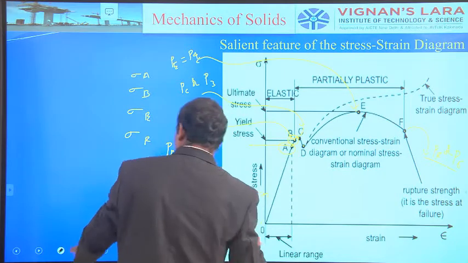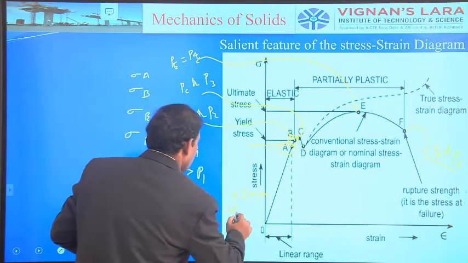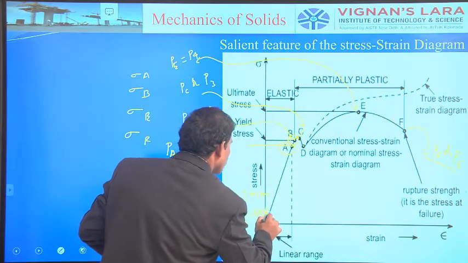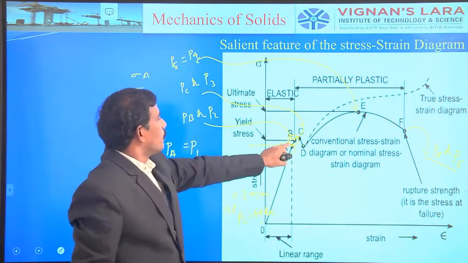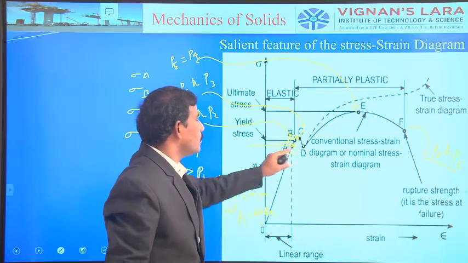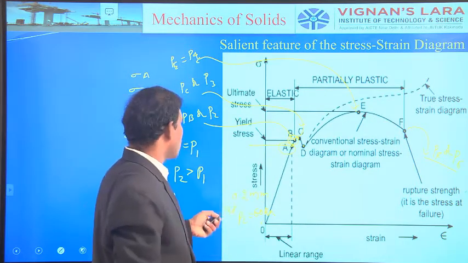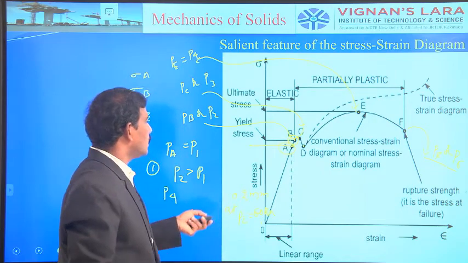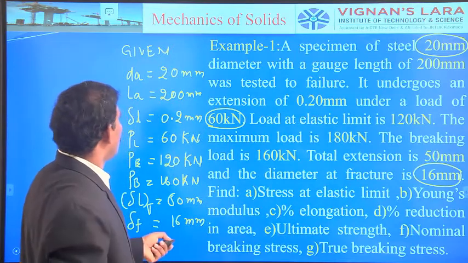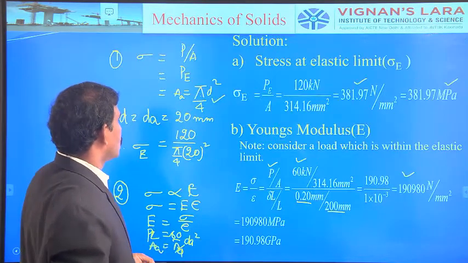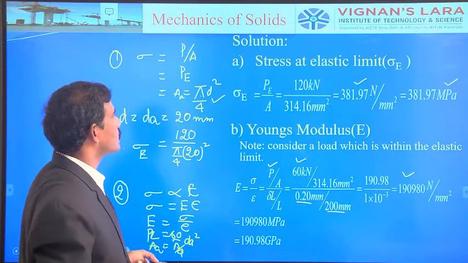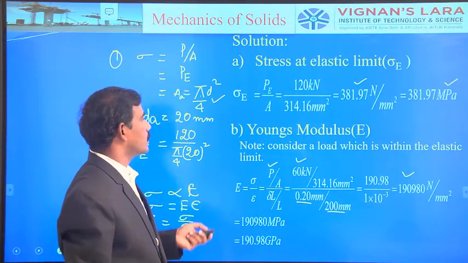Keep it in mind, that is PL is equal to 60 kilonewtons. As we know, PB is greater than PA. That is very, very important. Based on that, we calculate. So this is the calculation for the first two cases: one is stress at elastic limit and second one is Young's modulus.